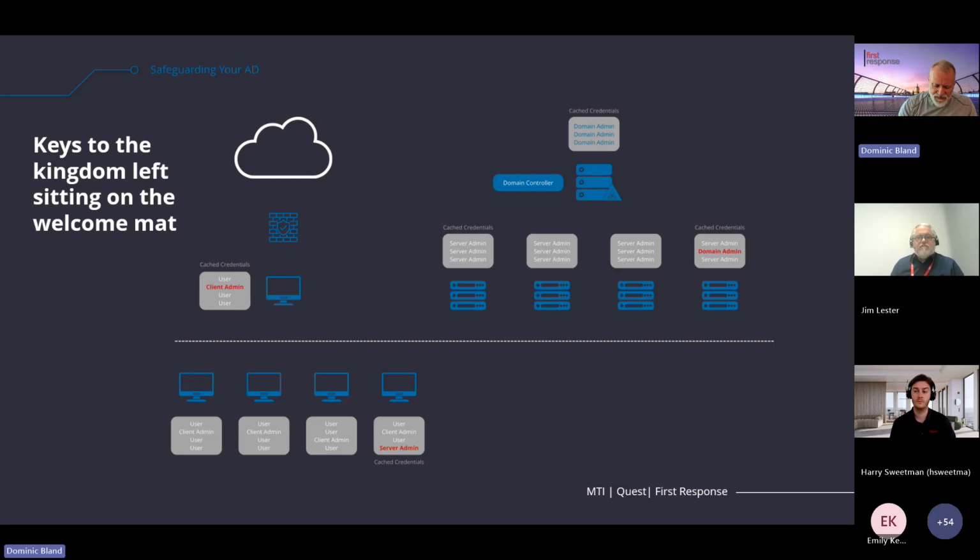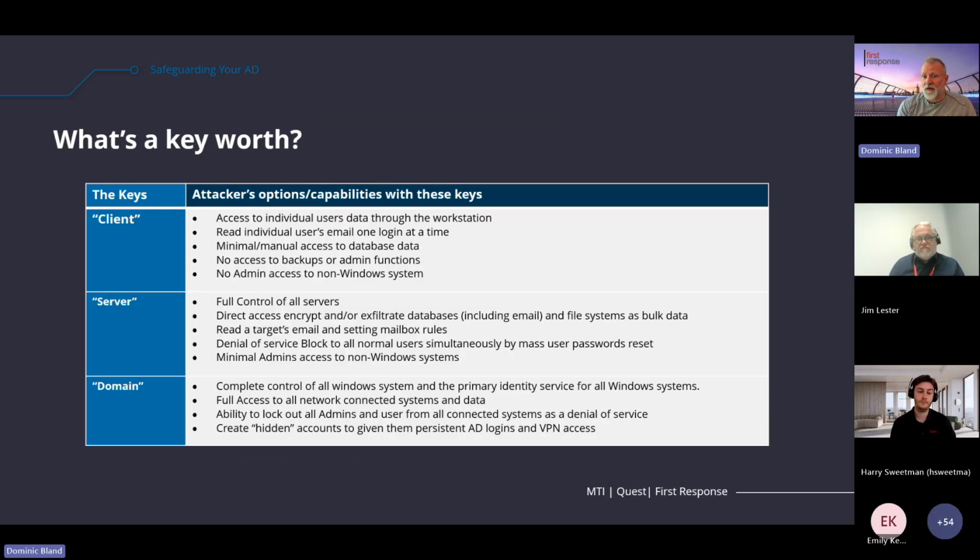So the keys exist, as I said, in different levels. There are client keys, which would allow an attacker to access user information, the area of shared data that they have access to, and various other low grade functions of the system. If an attacker can get hold of server keys, they then have access to the SQL databases, the full file shares, not just the little pieces of file shares that the users can see, and making exfiltration of data very, very much easier.